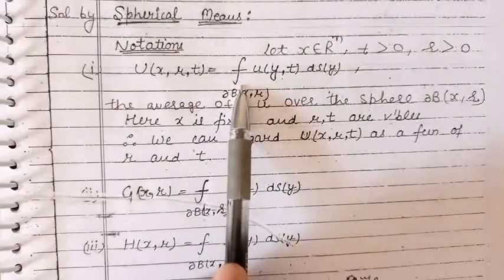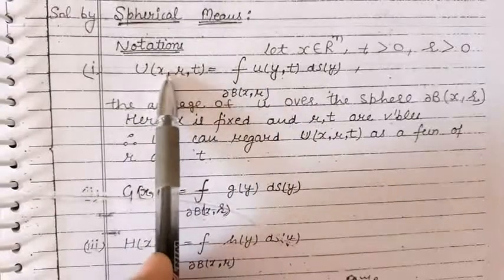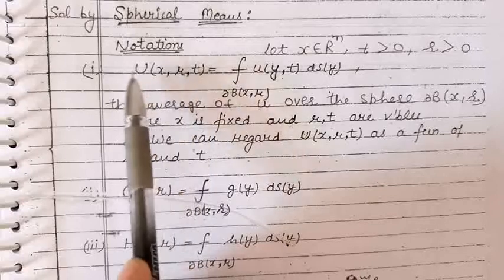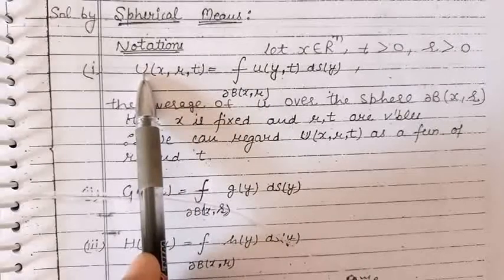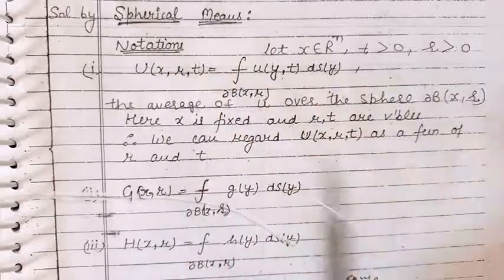So this is the average of function u over this sphere. Here x is fixed, r and t are the variables. So we can say that this function capital U is a function of r and t.